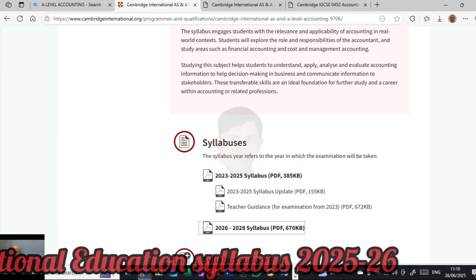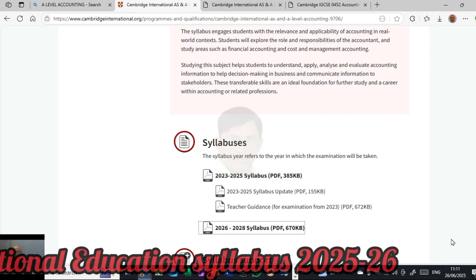So see, accountancy is not so constantly changing like other subjects like taxation or law, because law is regularly changing. It is regularly updated, but accountancy is not so frequently changing. The same accountancy which was there several years back, you will be learning, but with some small modifications.